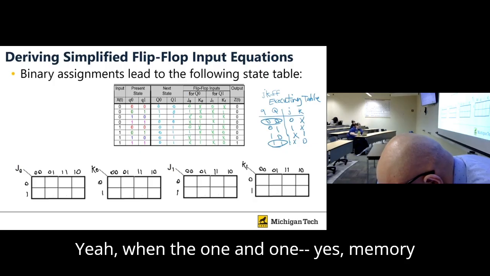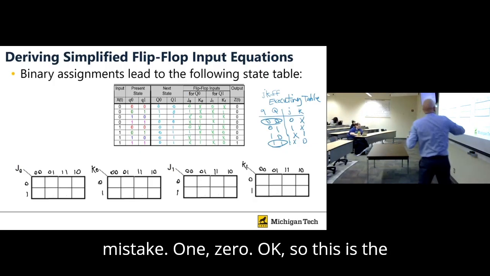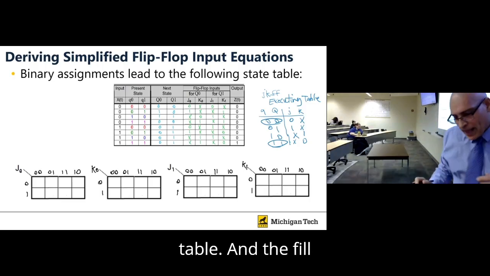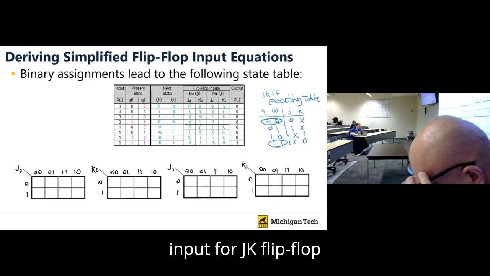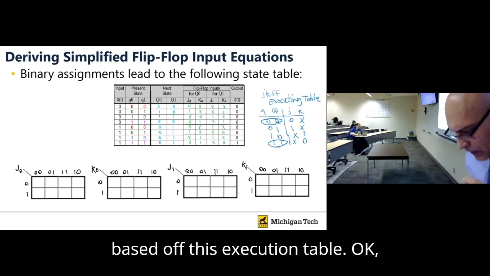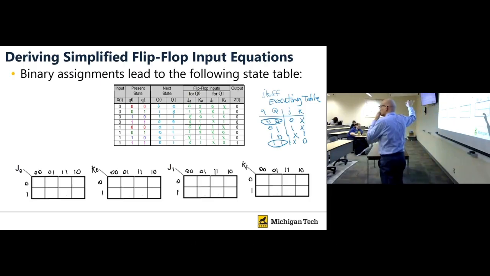Yeah, when it's 1 and 1, yes, it's memory 0. Sorry, I just made a mistake again. 1, 0. Okay, so this is the table, and we fill this output for the inputs of the JK flip-flop based off this execution table. We did that last class.